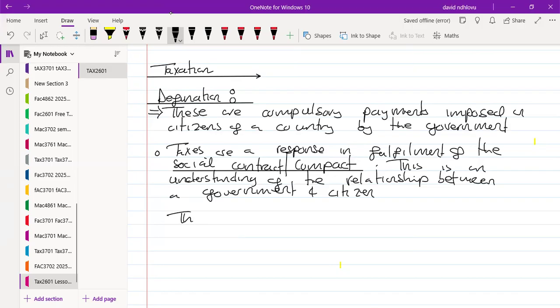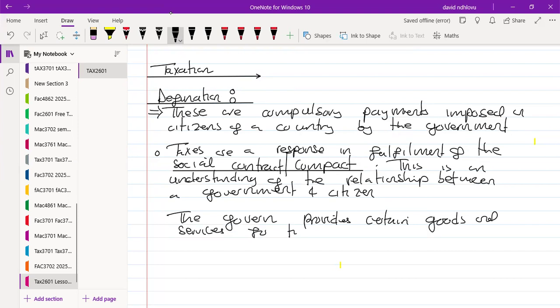The government provides certain goods and services for the population to thrive.